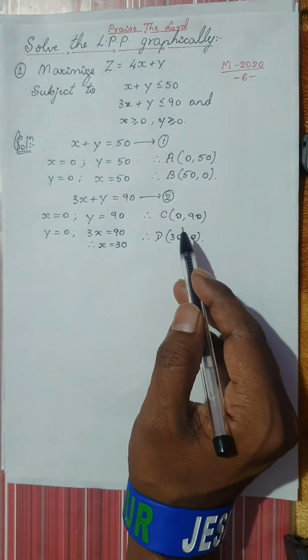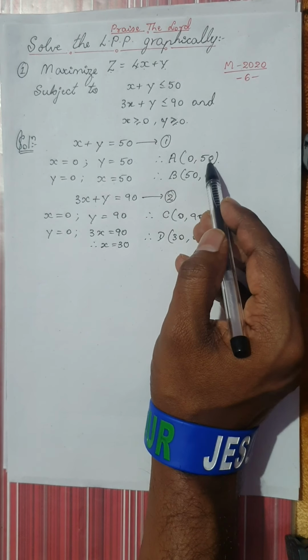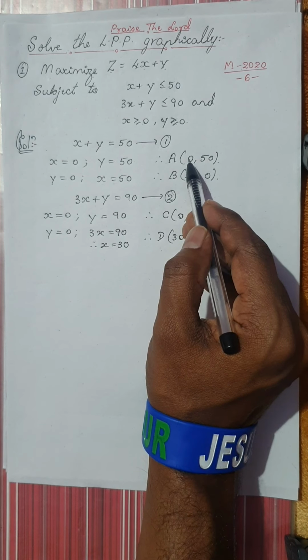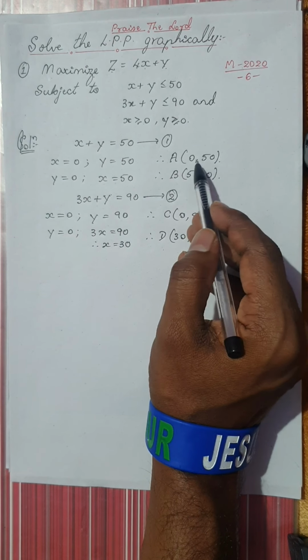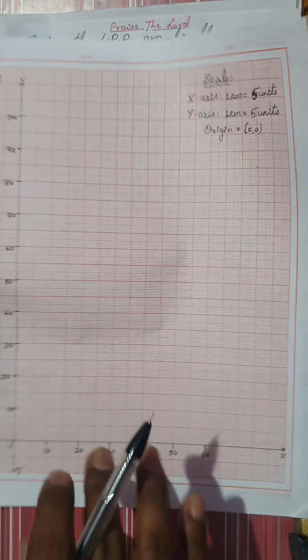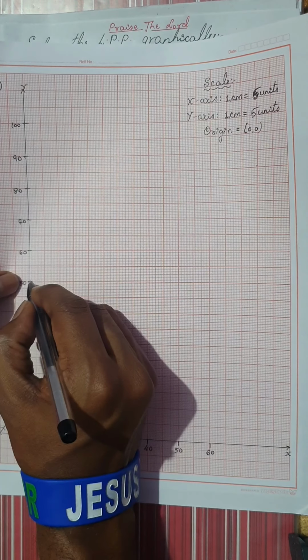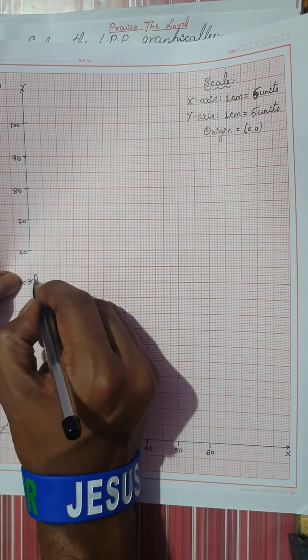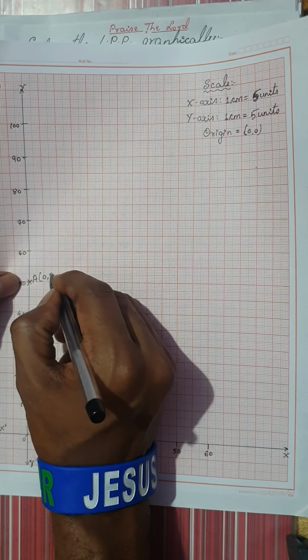Okay, now let us plot this point A, 0 comma 50. Remember, when I put x is 0, the point will be on the y-axis. So if I take x is 0 and y is 50, this is the point A, which is 0 comma 50.